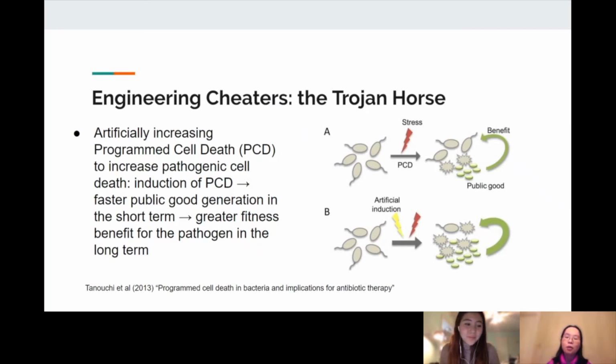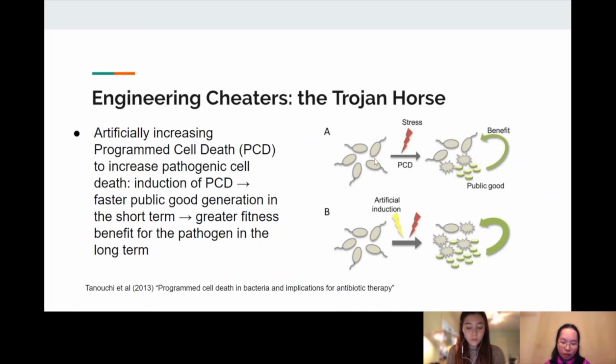You'll see how we propose to use this in bacterial communities. This takes advantage of programmed cell death, which is what we talked about earlier with apoptosis, but here we're considering any form of programmed cell death, of which apoptosis is one form.